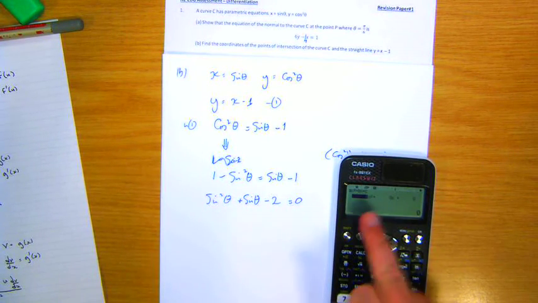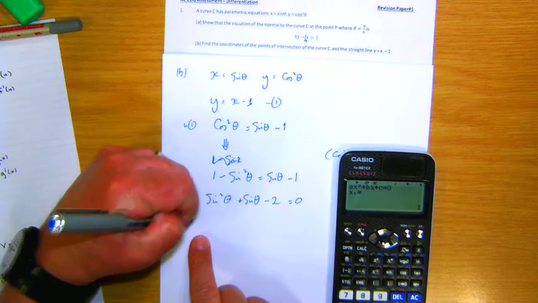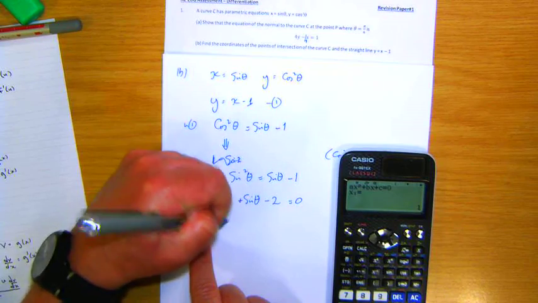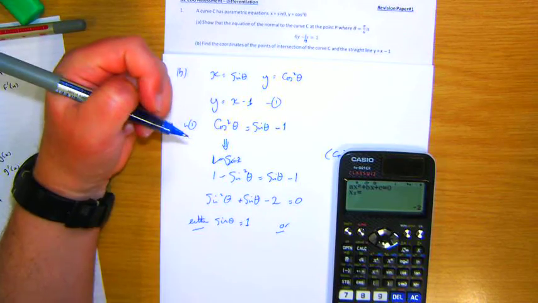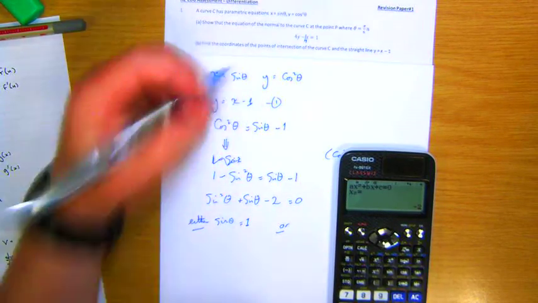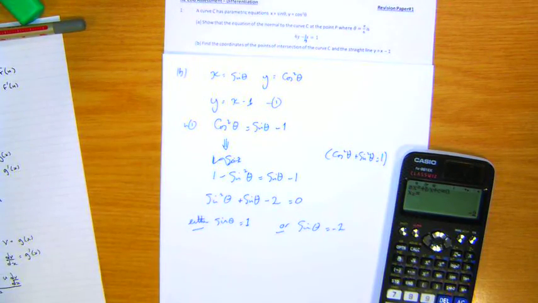So I've got 1, 1, minus 2. So either sine theta equals 1 or sine theta equals minus 2. Well, sine theta can't equal minus 2 because it oscillates between plus 1 and minus 1. So there's no solutions to that particular one.